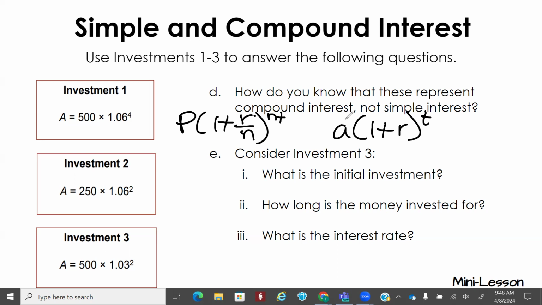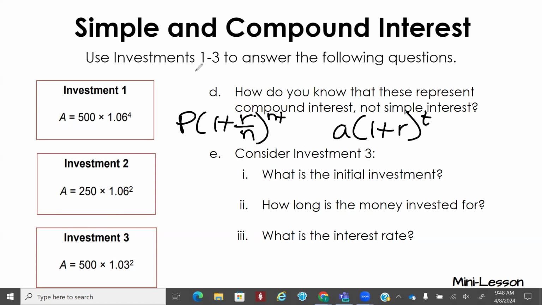So how do we know that this represents compound interest? What would our n have to be to make these compound interest? n would have to be 1.